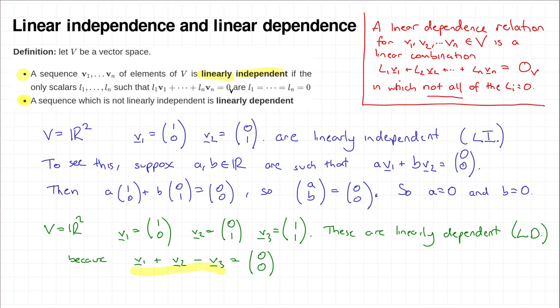So it's okay if some of the Li's are equal to 0, but not all of them can be equal to 0. So a linear dependence relation is what you need to show that a collection of vectors is not linearly independent, in other words, is linearly dependent. And this thing we looked at the bottom here is an example of a linear dependence relation for the three vectors v1, v2 and v3 in R squared.